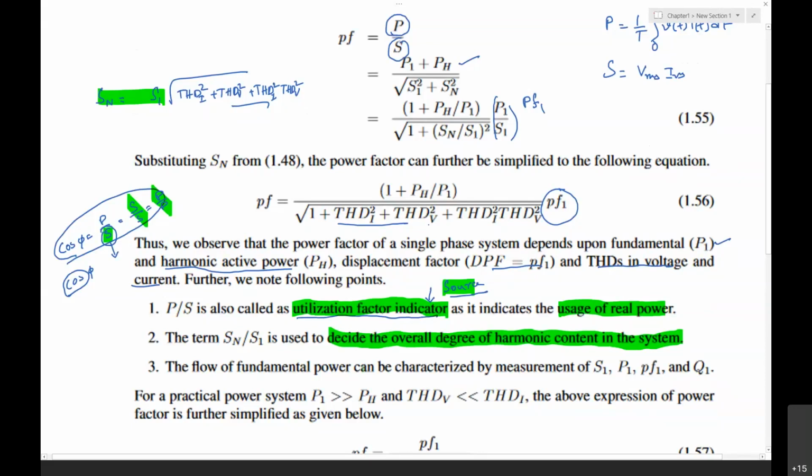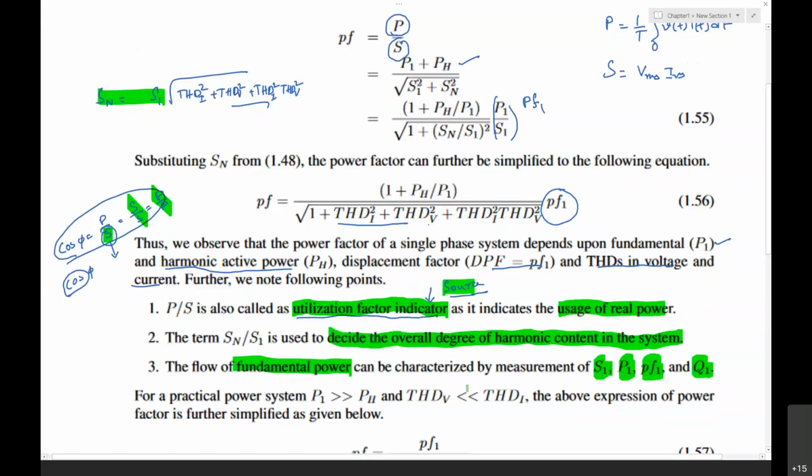Okay. The flow of fundamental power can be characterized from S1, P1, PF1, and then Q1. There are no other factors which are going to come in to characterize the fundamental power.